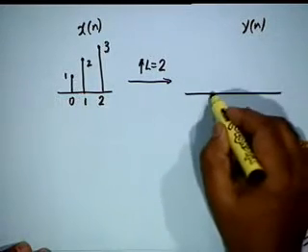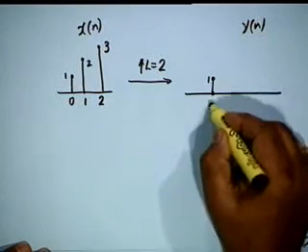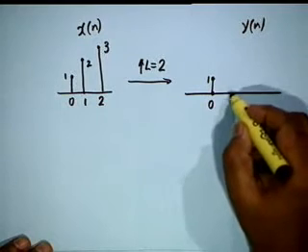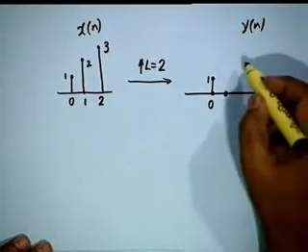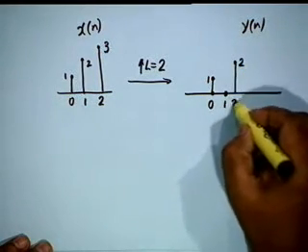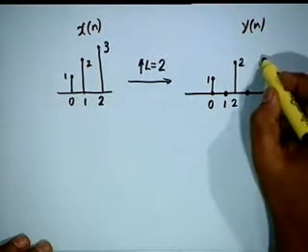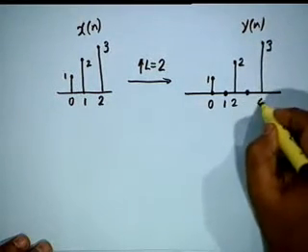The result is that there is a sample at 0 of amplitude 1, then there is a 0 in between, it introduces 1 zero, then we have the sample of height 2 at 2, then we have a 0, and then at 4 there is a sample of height 3.